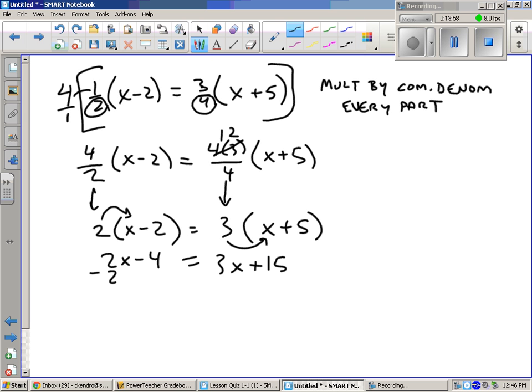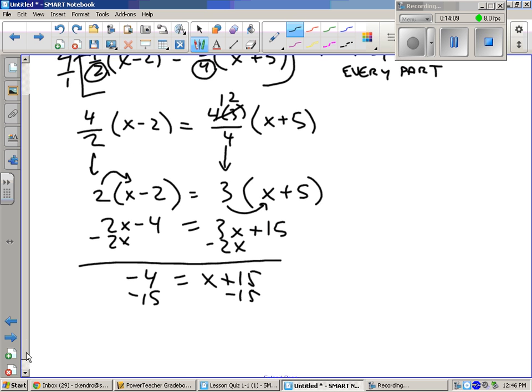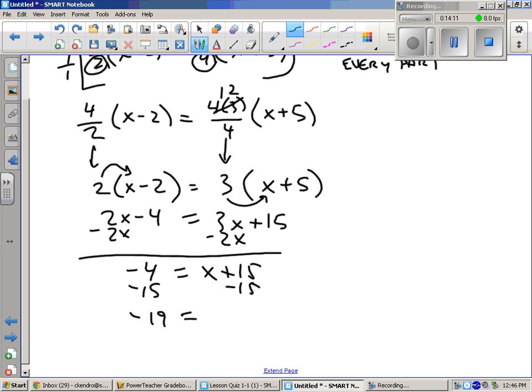I'm going to subtract 2x. So I get -4 equals x plus 15. Then I'm going to subtract 15. So -19 equals x. Using our symmetric rule, we can say x equals -19. Okay, so to get rid of the fractions, just multiply each part by the common denominator.